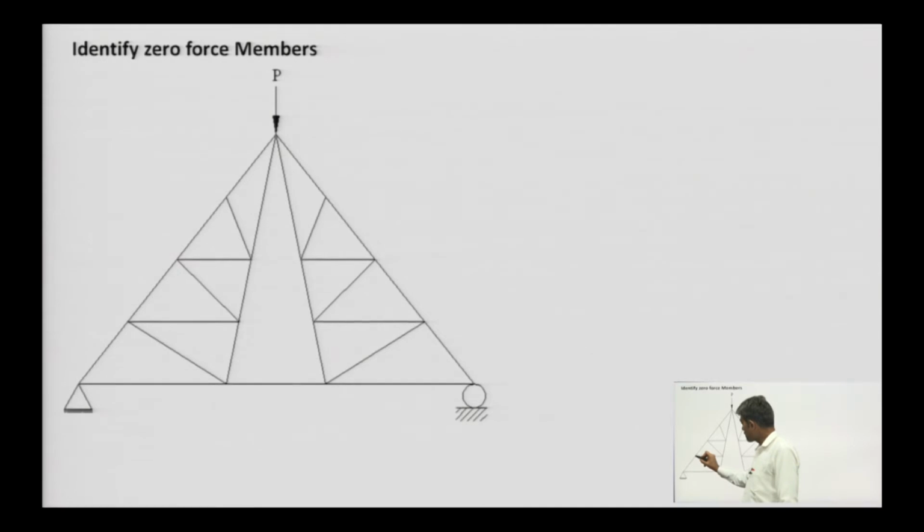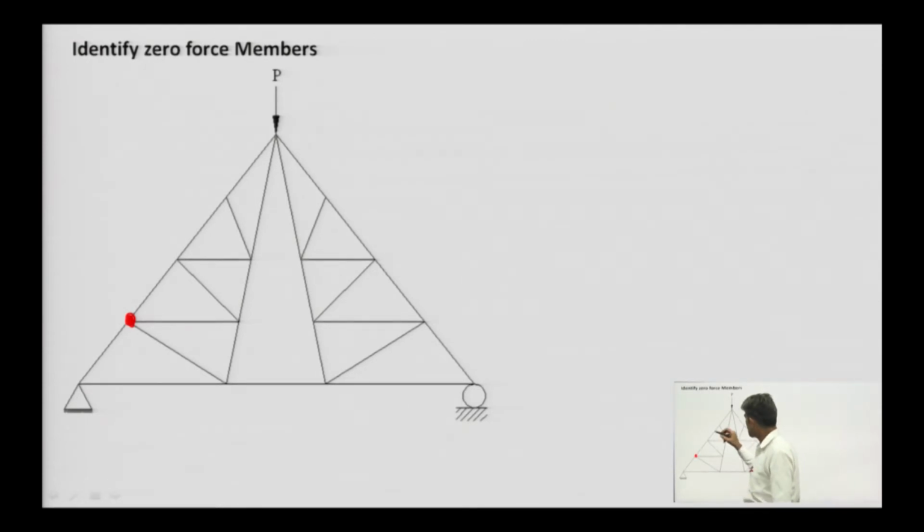At this joint, 2 members are collinear, and these 2 members are connecting here.